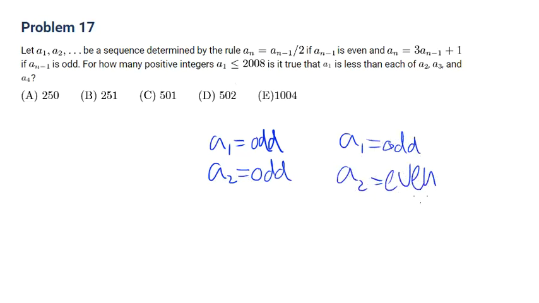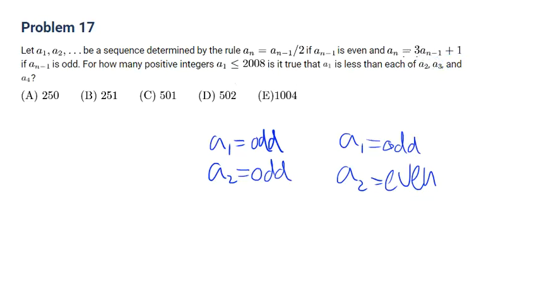Well, A2 can be even, because A3 would then be half of A2, but half of A2 is still bigger than A1.